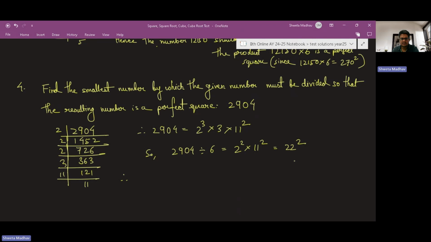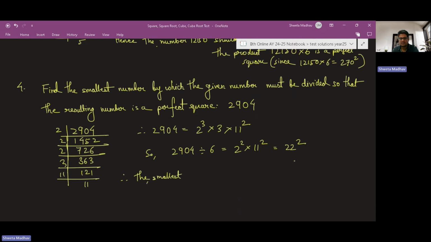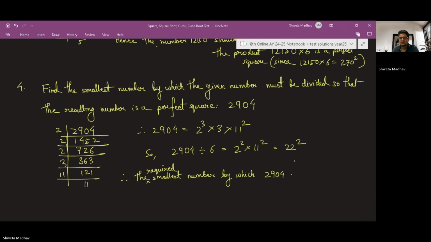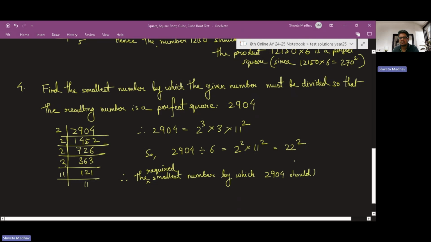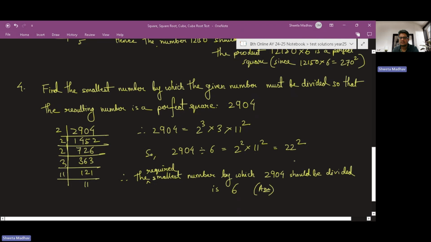So therefore the required smallest number by which 2904 should be divided is 6. So 6 is the answer. Since 2904 divided by 6 is equal to 22 square.